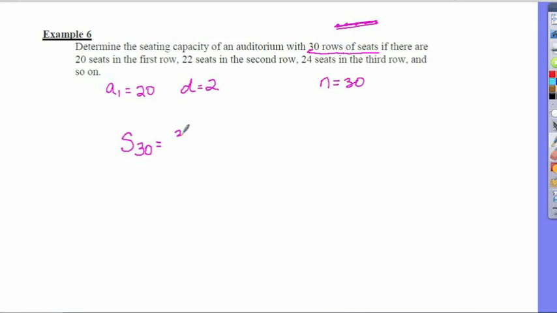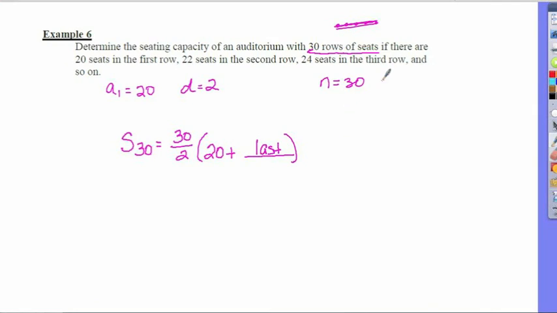And in order to do that, I need 30 divided by 2 times my first row plus, and right here, I need my last row. And I don't know how many are in the last row yet, so I need to figure out how many are in the last row. So I need to calculate that.